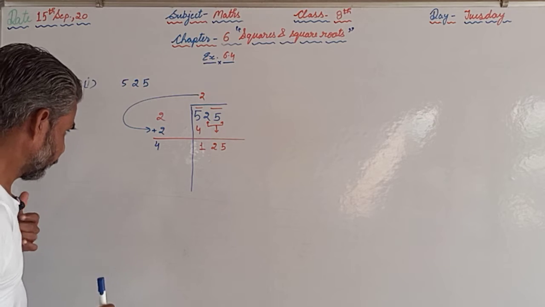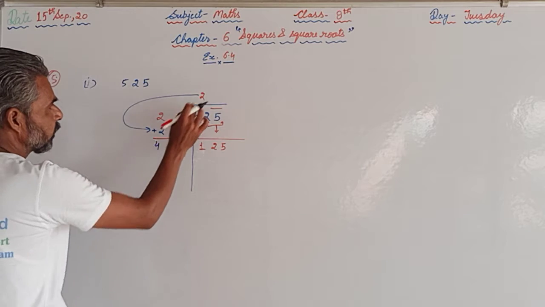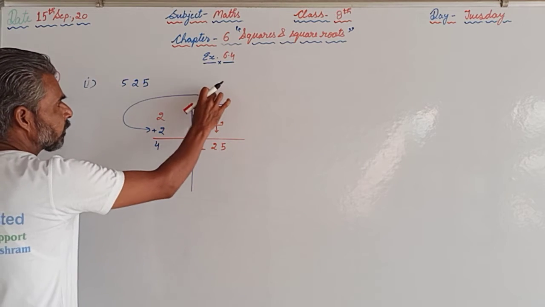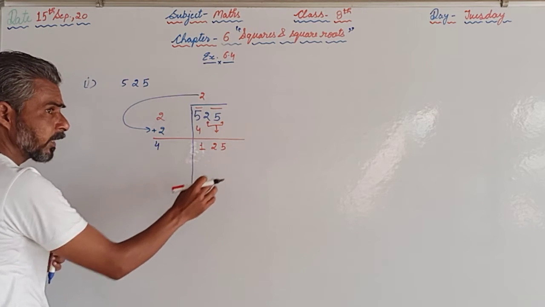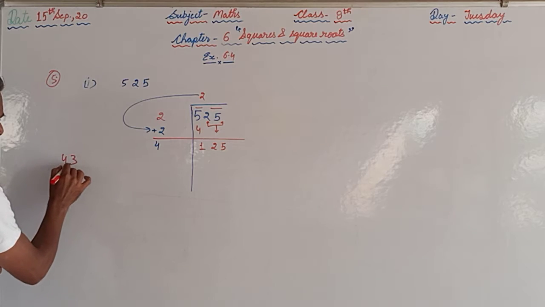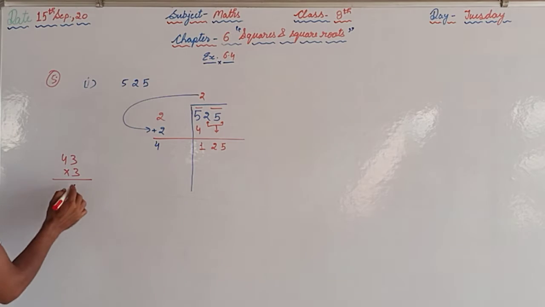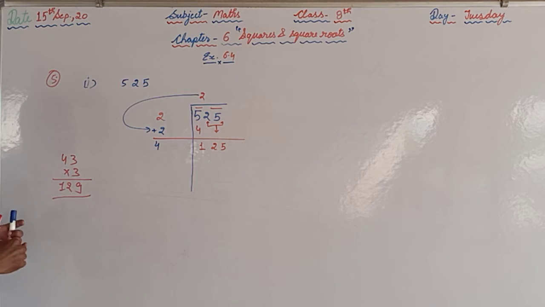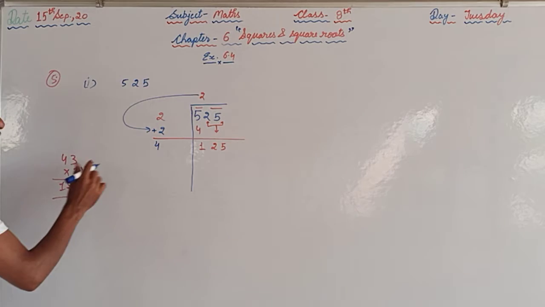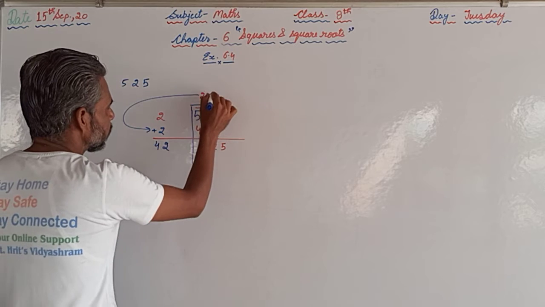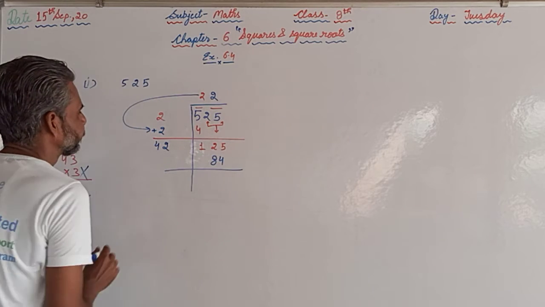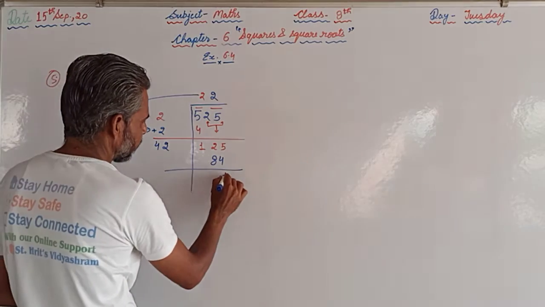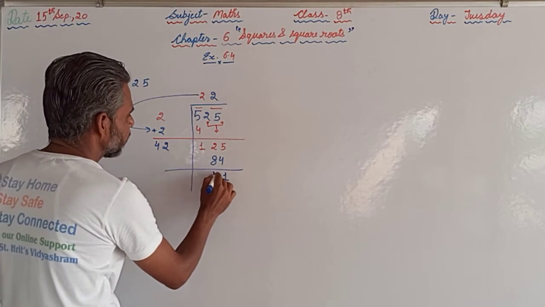So if we consider here 41, 1 times 41 is 41, and if you write 42, 2 times 42 is 84, and if we write 43, 3 times 43 will become 129, which is more than 125. So we will not consider that 3, we will consider only 2. So 42, 2 times 42 is 84, we will get 1 here, and we will get here 4.